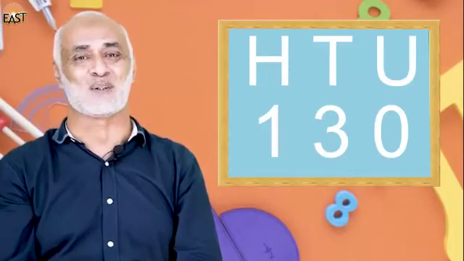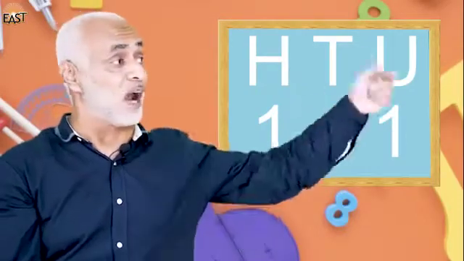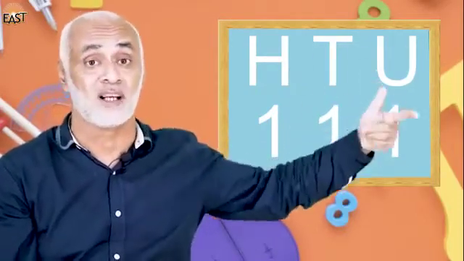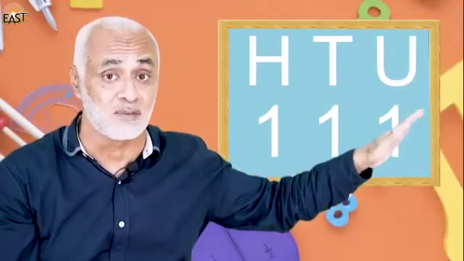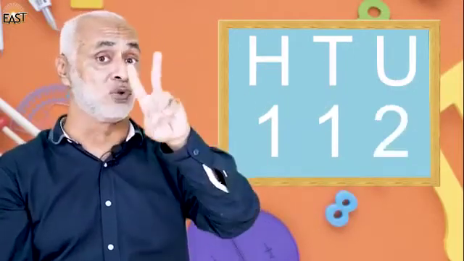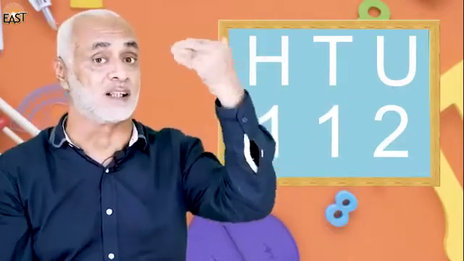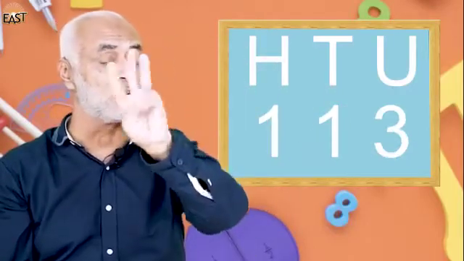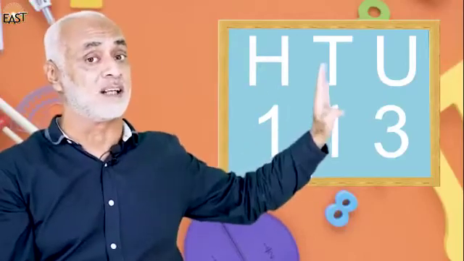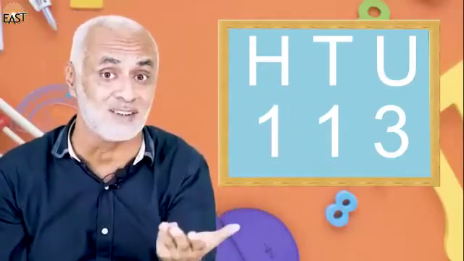Very good. And then if we add something more unit to it, that becomes 111. If we add 2 more units to 110, that becomes 112. If we add 3 units to 110, that becomes 113.